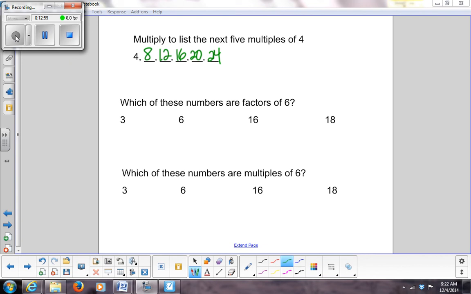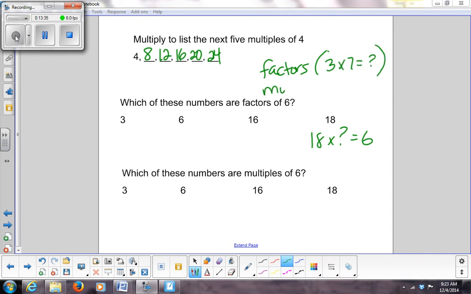In order for this to be a factor, let's start this way, this will make more sense. For this to be a factor, it would be 18 times something equals 6. That doesn't sound right, because it's not a factor of 6. It's a multiple of 6. Remember, factors look like this: 3 times 7 equals.